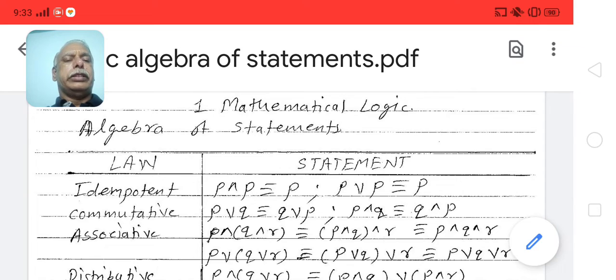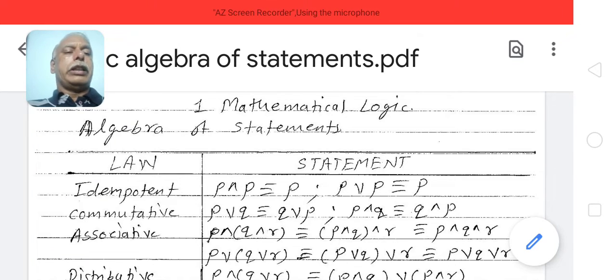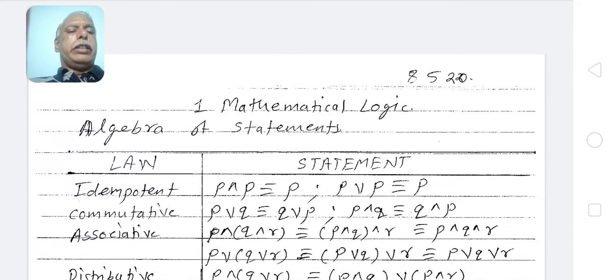We can also write 5 plus 3 is equal to 8. That means addition is commutative. Same way here, OR and AND operations are also commutative between two statements. Then the associative law.